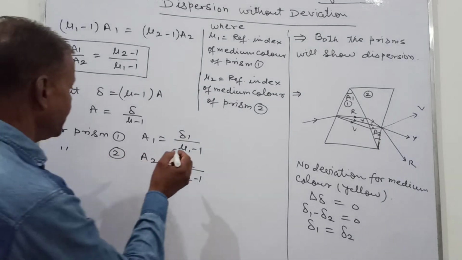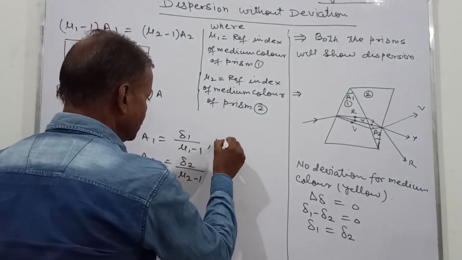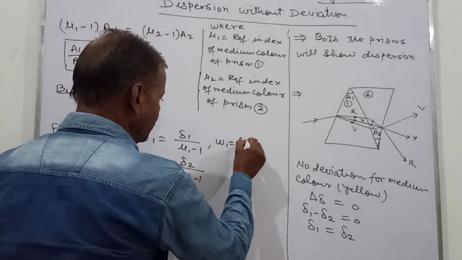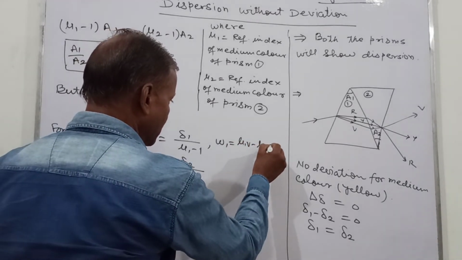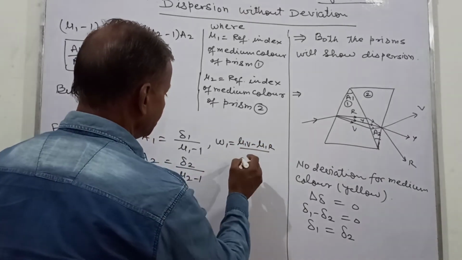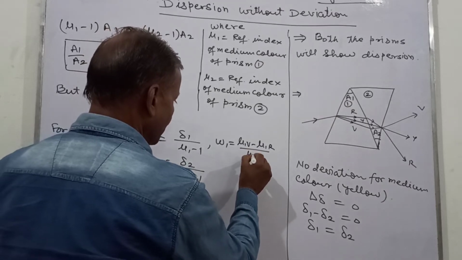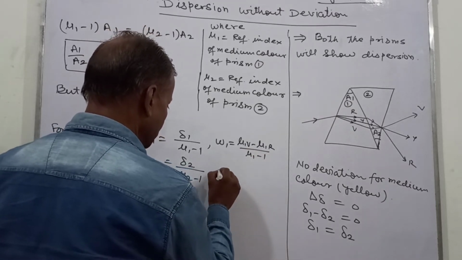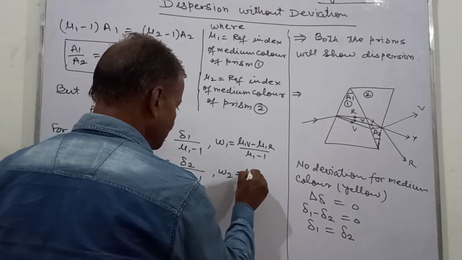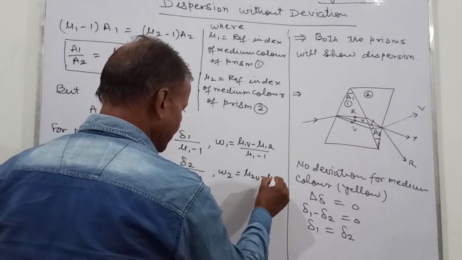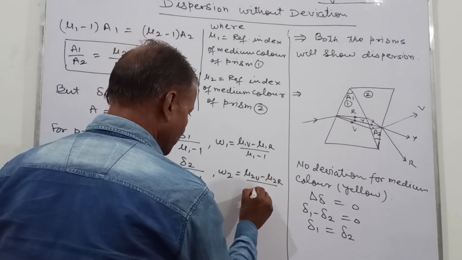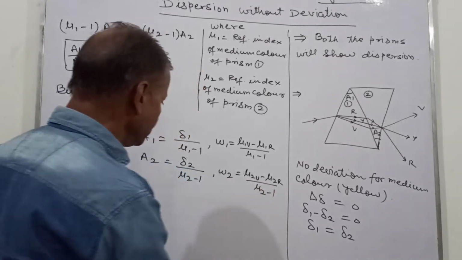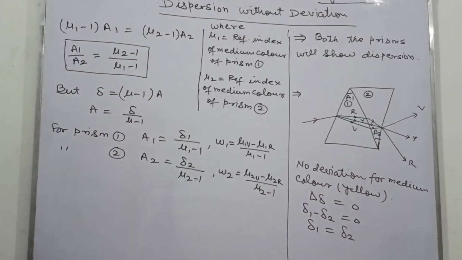And now dispersive power. Omega 1 is equal to mu 1 b minus mu 1 r upon mu 1 minus 1, and omega 2 is equal to mu 2 b minus mu 2 r upon mu 2 minus 1. So what do you see from here?